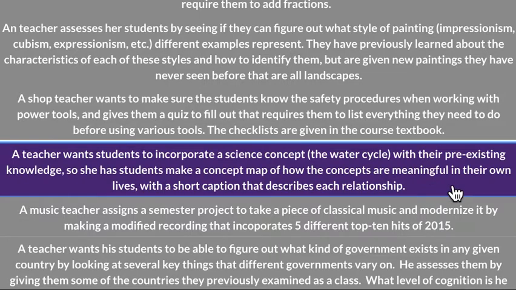This next one is comprehension. A teacher wants students to incorporate a science concept, like the water cycle, with their pre-existing knowledge. So she has students make a concept map of how the concepts are meaningful in their own lives, with a short caption that describes each relationship. Now this one, I could see an application interpretation for. It's mostly comprehension in that they're connecting it to other things that they already know.